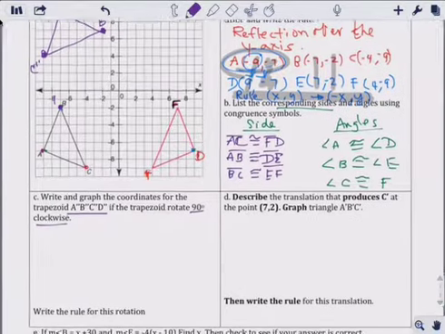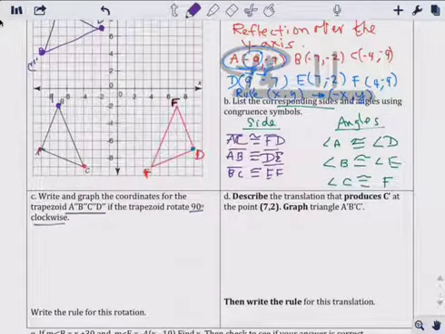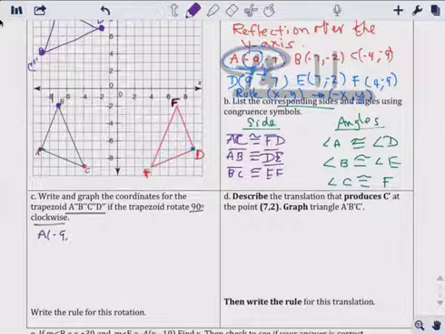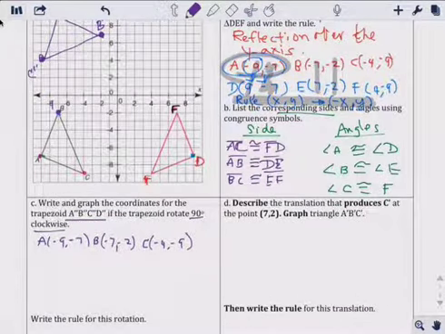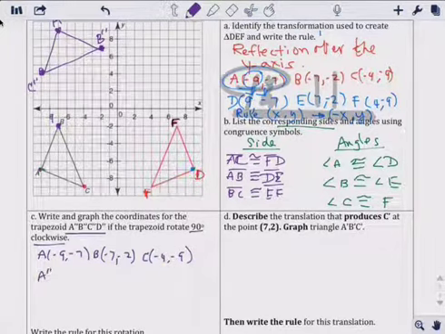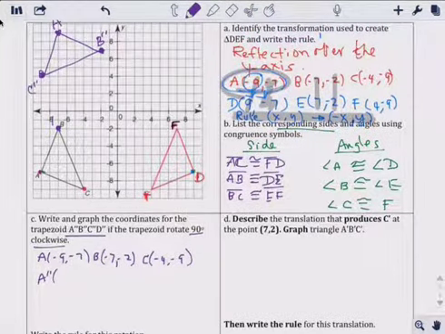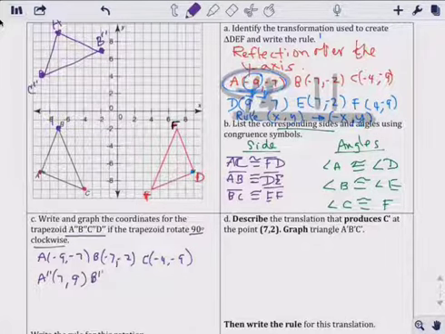Alright, so to write the rules, I always need to write out the coordinates. A is negative 9, negative 7. B regular, the pre-image, is 7, negative 2. C is negative 4, negative 9. Now it becomes A double prime is 7, 9. B double prime is 2, 7.